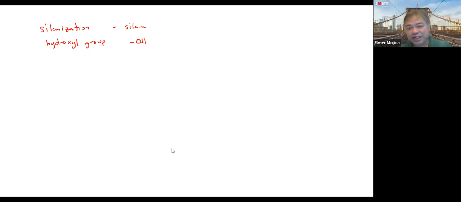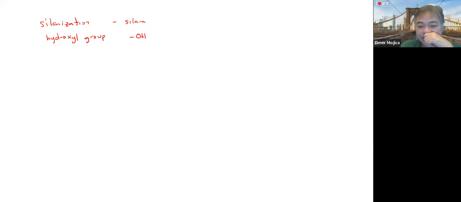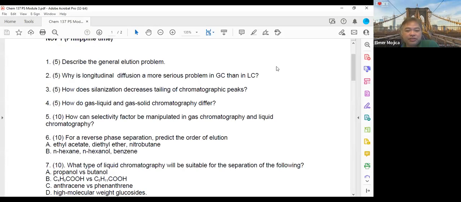So I want the interaction of the target sample to be similar to the structure, not the hydrogen bonding that would form when you have a hydroxyl group. And they're really using this in chromatography. Okay, so that's what silanization does. So how does it decrease tailing?